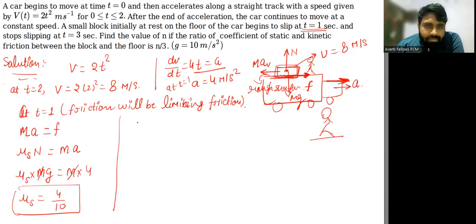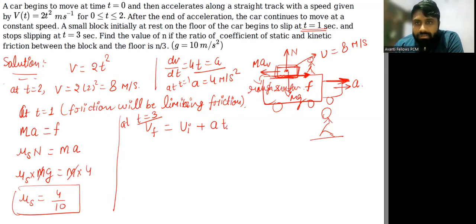So we can say that the final velocity at t is equal to 3, because at t is equal to 3 it is coming again at rest. So v final is equal to v initial plus acceleration into time.